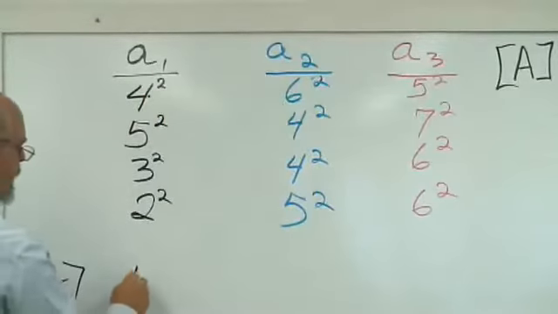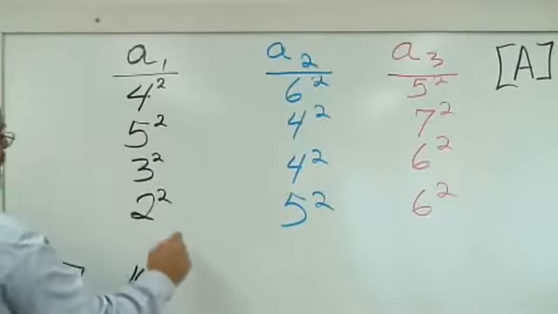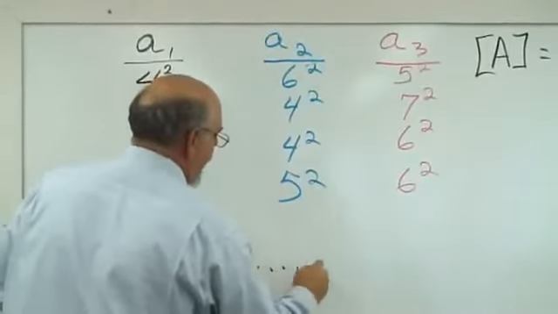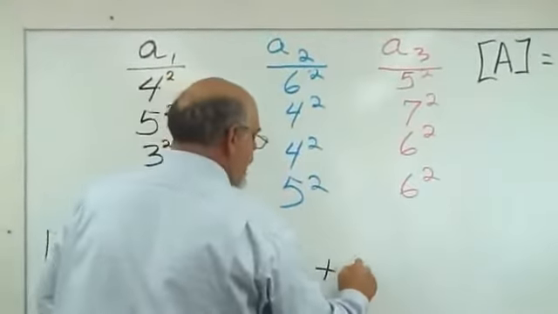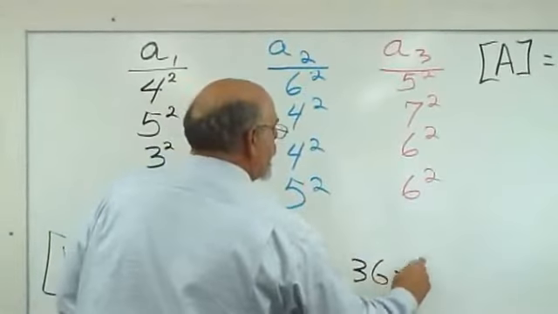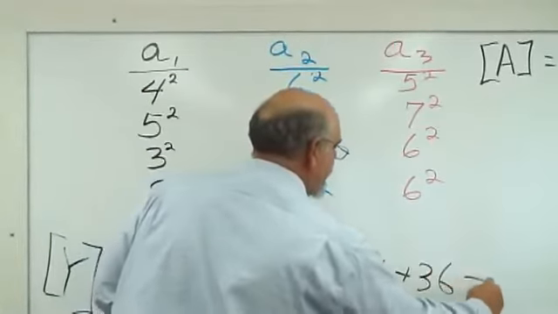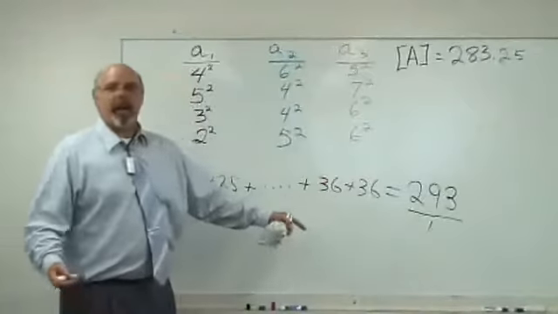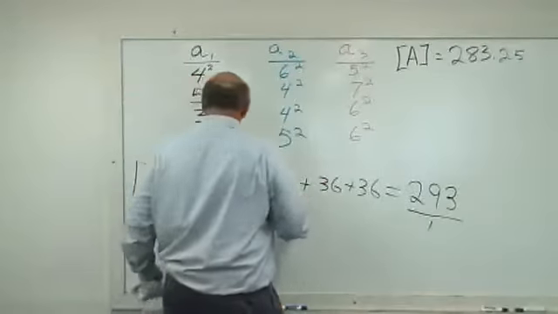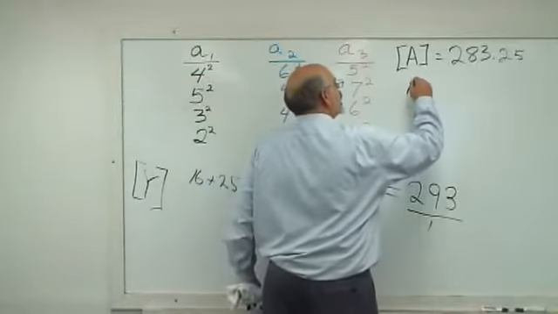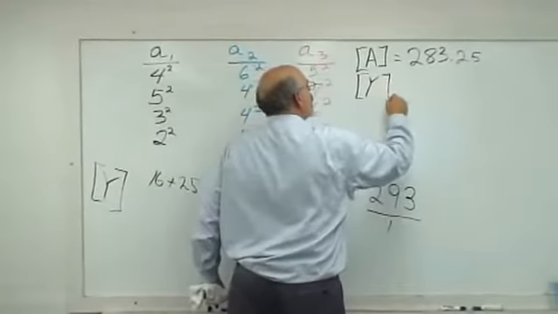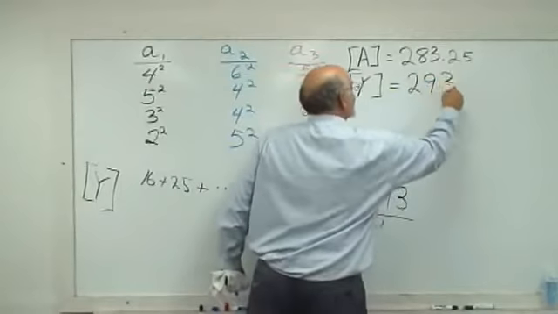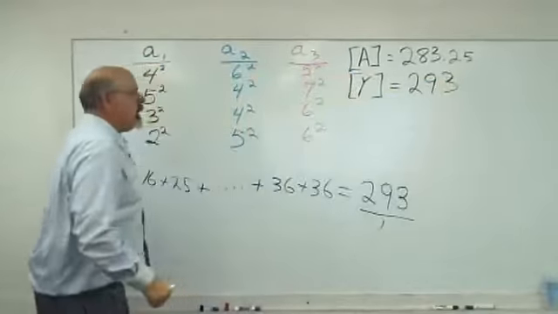So here it's going to be 16 plus 25, and so on, all the way over to the last one, which is going to be 36. Square them, add them all up, divide by 1. Doesn't change the value. So the Y bracket term is 293 from this data.